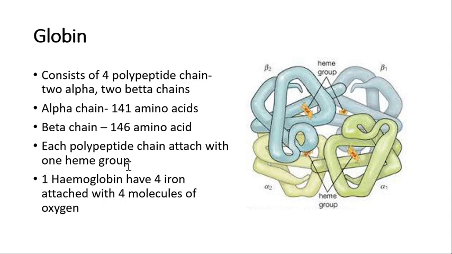So one hemoglobin has 4 iron atoms attached with 4 polypeptide chains, and one iron attaches with 1 molecule of oxygen. So one hemoglobin has 4 iron, 4 polypeptides and 4 molecules of oxygen attached to it.